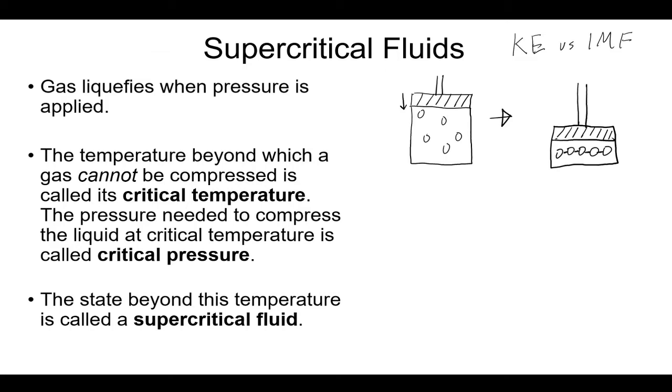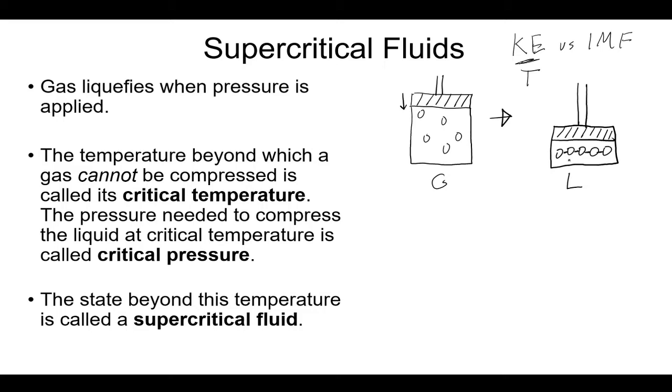But one fascinating point is that there is a temperature, a kinetic energy, beyond which you cannot compress a gas to a liquid. What we're showing here is going from a gas to a liquid phase, but there is some temperature, i.e. kinetic energy, where these molecules simply have too much energy and they're roaming around too fast, so the intermolecular forces never take hold.